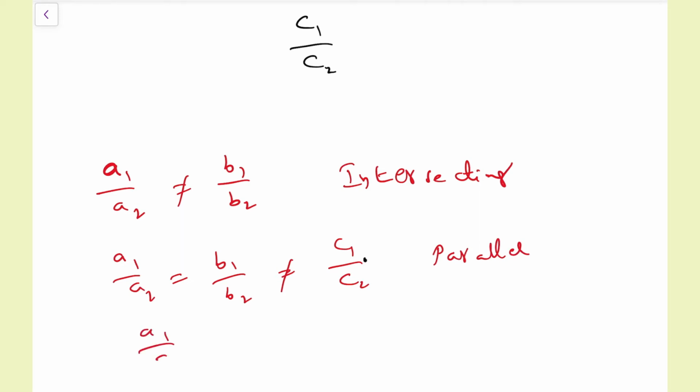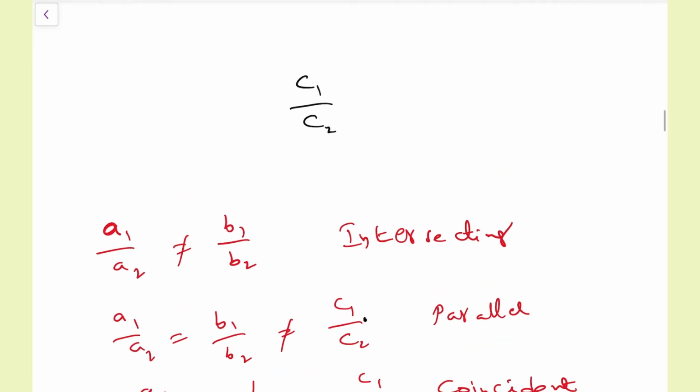The third case is if A1 by A2 equals B1 by B2 equals C1 by C2, then those two lines are coincident lines.